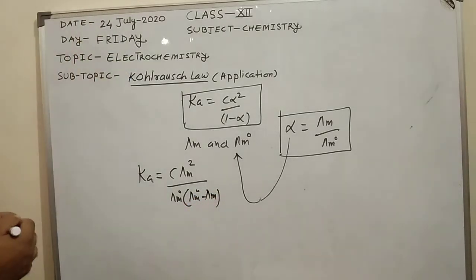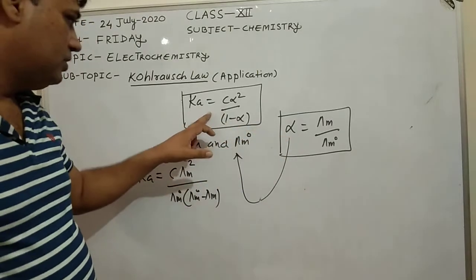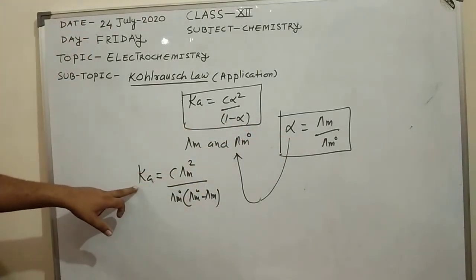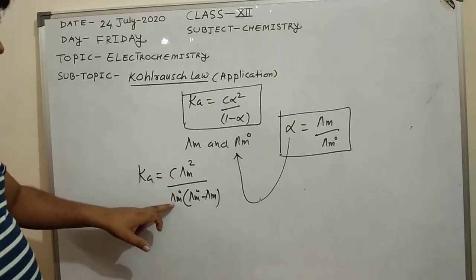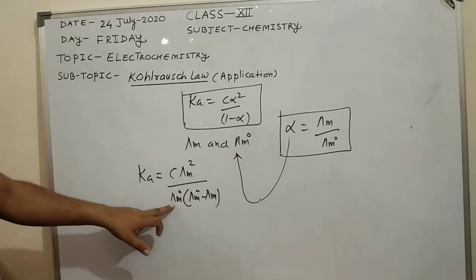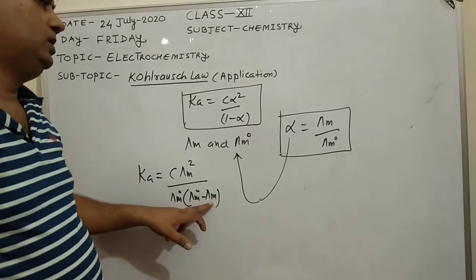After solving, by putting the value of alpha in this equation, we get K is equal to C, where C is the molarity, lambda m square, and limiting molar conductivity inside the bracket, limiting molar conductivity minus molar conductivity.